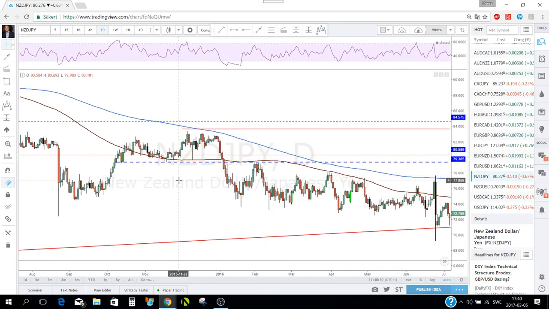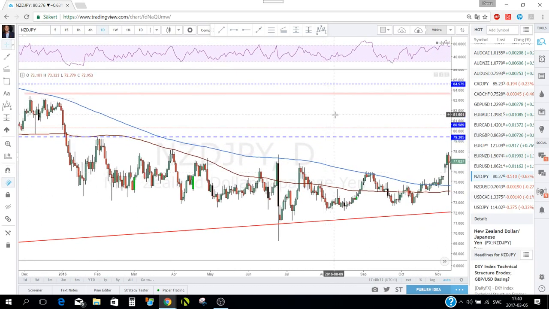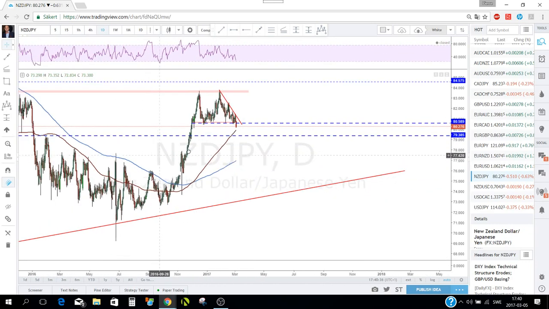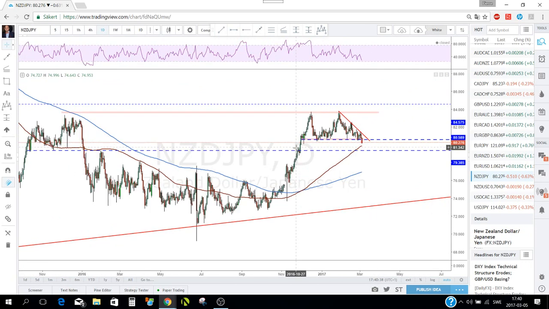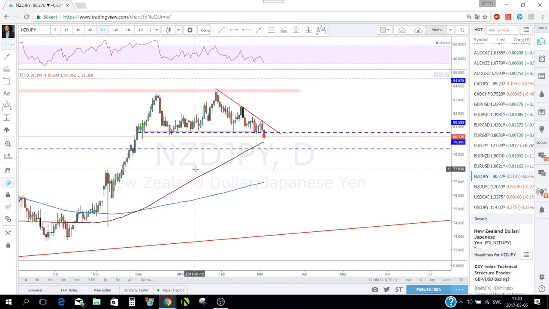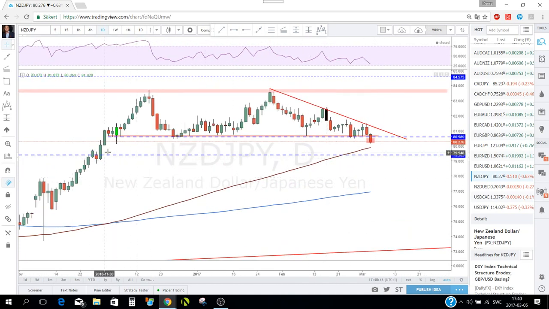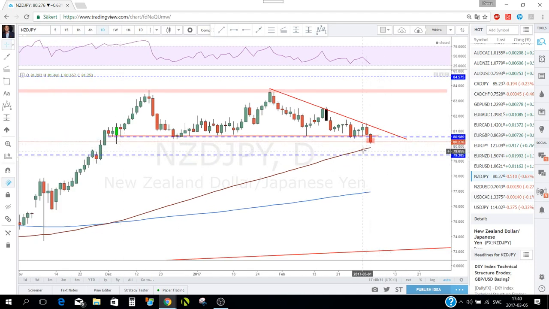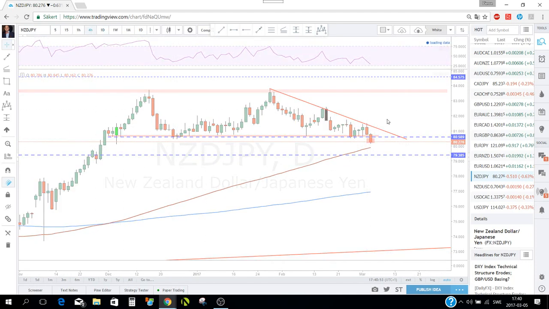If we crunch this chart a little bit more, it is hard to see something else. Let's go to the daily and try to find what's going on. As you see here, there is not a lot of structure to look at. So what we have to work with is this structure back down. This pin bar here is the only thing, and the 100 moving average on the daily.